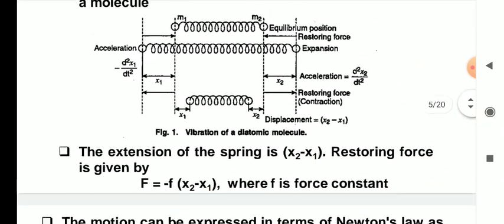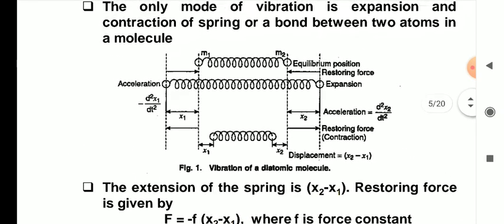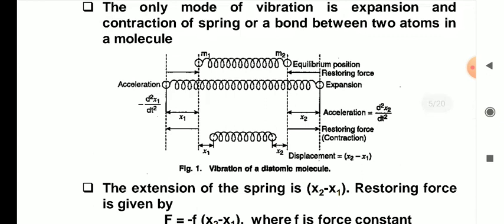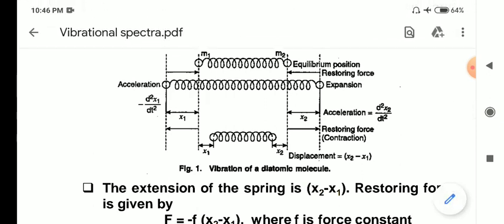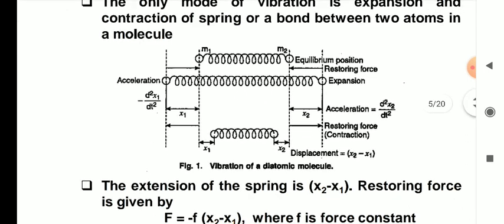Everything is shown in this diagram. That means the two atoms are moving away or moving towards each other. The first particle moves away by a distance x1 and moves towards by a distance x1. Similarly, the second particle is also moving away by a distance x2 and moving towards by x2.